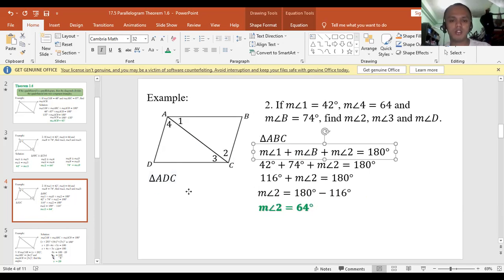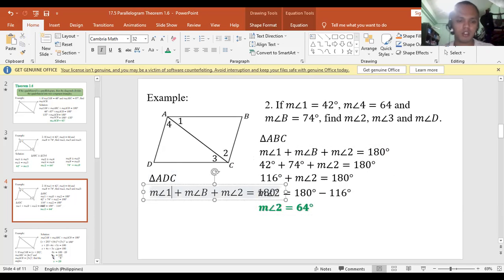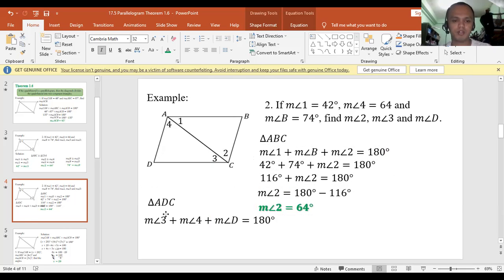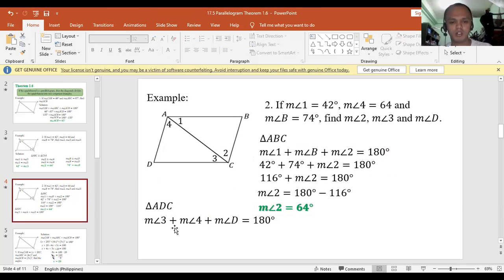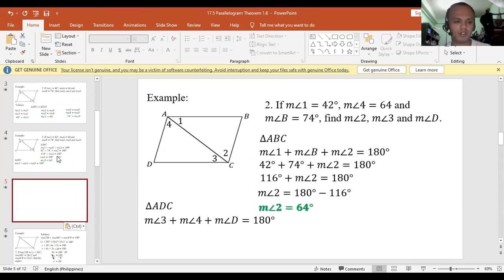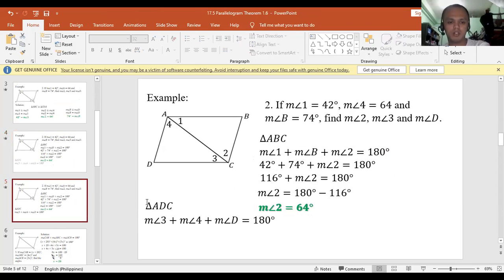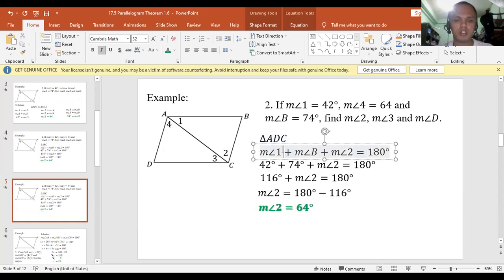For triangle ADC, measure of angle 3 plus measure of angle 4 is equal to measure of angle D. Okay, ADC here. And this one is angle 3. And this one is angle 4. And this one is angle D.